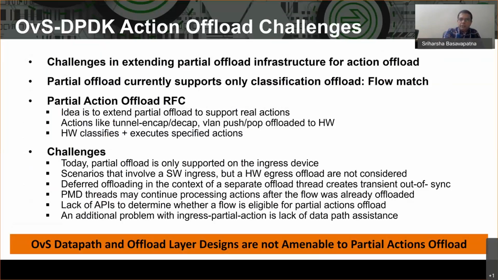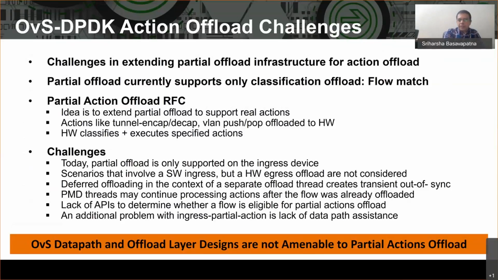Also, the deferred offloading that we saw in the earlier slides, where there's a separate offload thread, creates a slight transient out of sync condition where though the action is offloaded to hardware, it takes a while for the PMD threads to see that state when we introduce some kind of state between the two. And the PMD threads might continue processing these actions even after the flow was offloaded for a little longer.